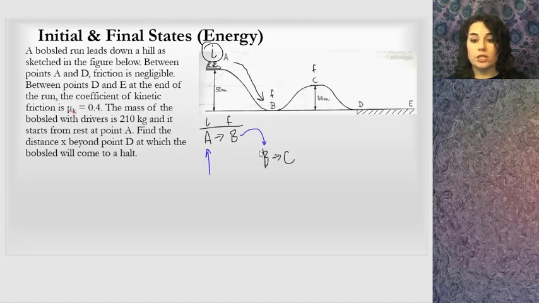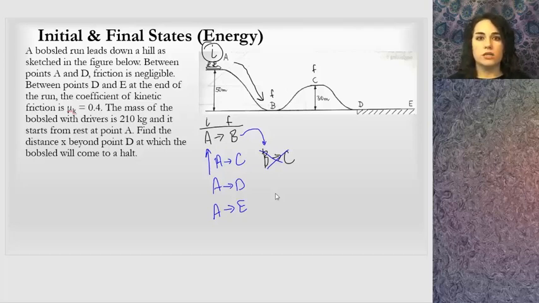So my recommendation is not to go from B to C, but to go from A to C. And you may already guess that if you're going to know what's going on at D, I would go from A to D. If you want to know what's going on at E, I would go from A to E. I don't think there's any reason to complicate your calculations to introduce a possible propagation of error through your entire problem. And remember, these initial and final states, that's all we care about.